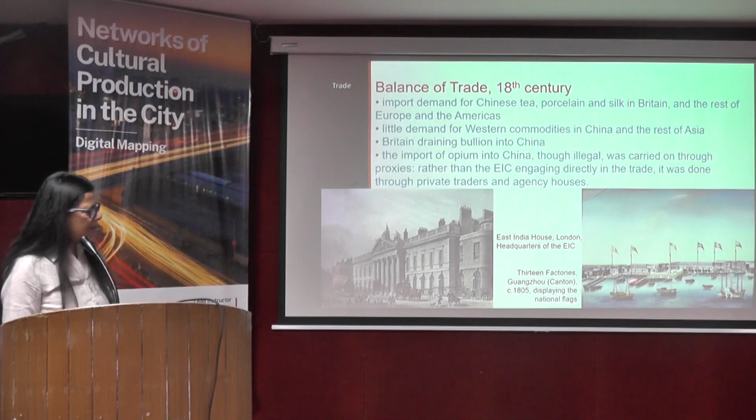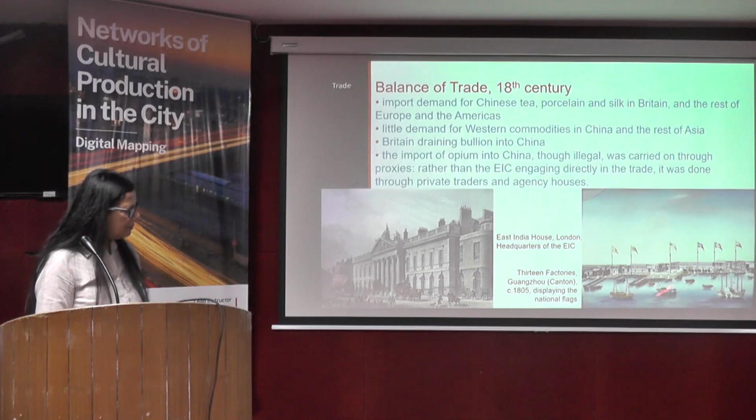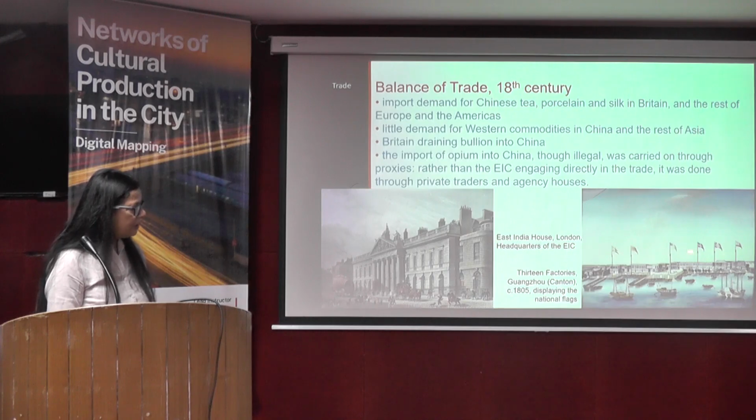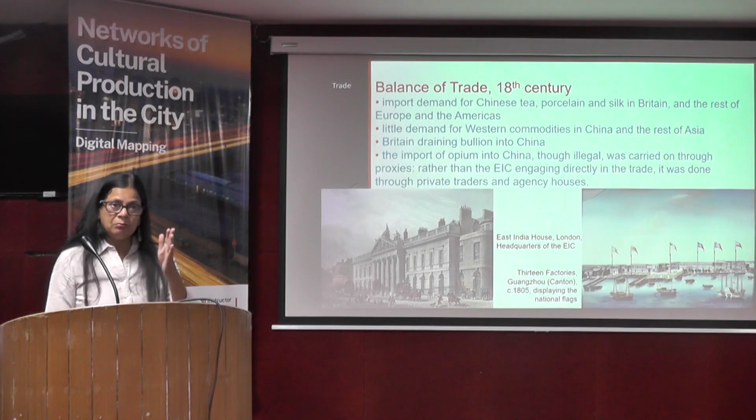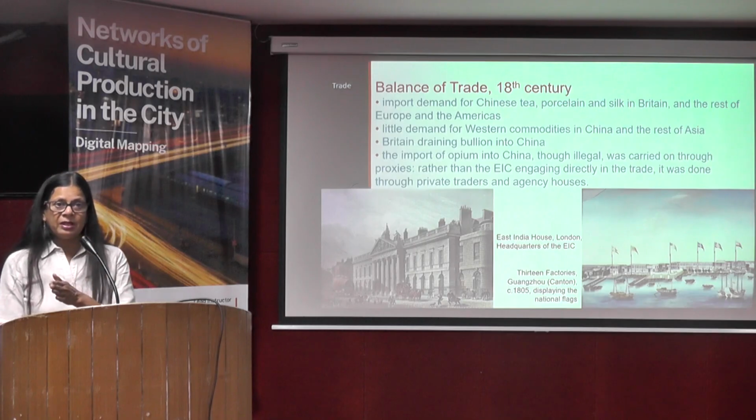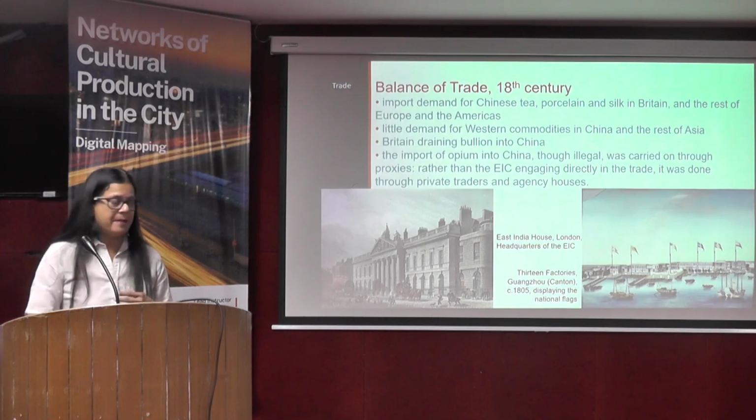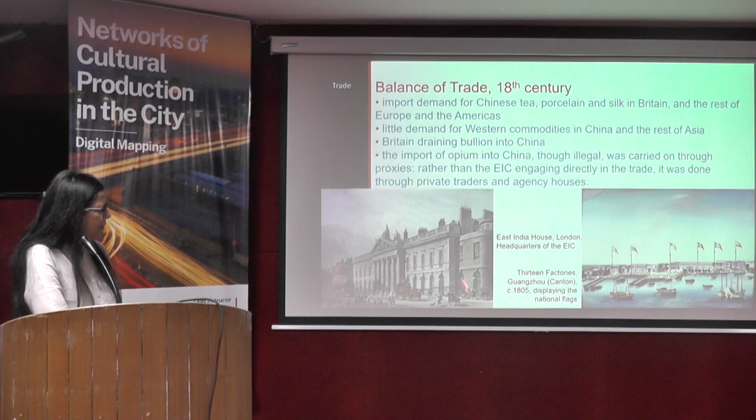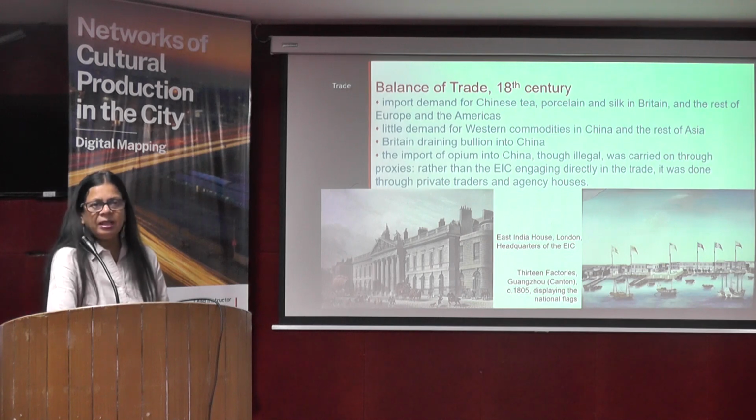The point is that in the early 19th century, the 13 factories in Guangzhou, this is Canton, all have their individual national flags. So the major European powers are represented in this game. And this has a direct relation to what is happening in London.